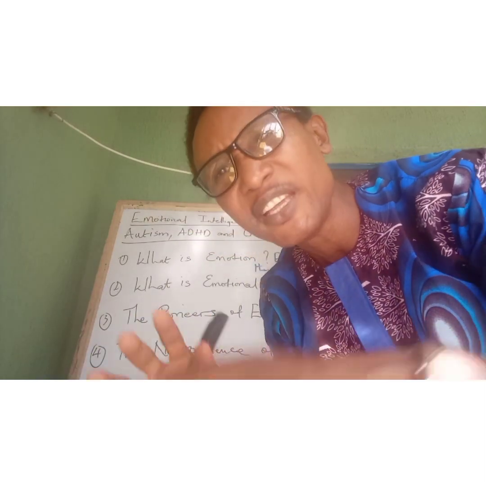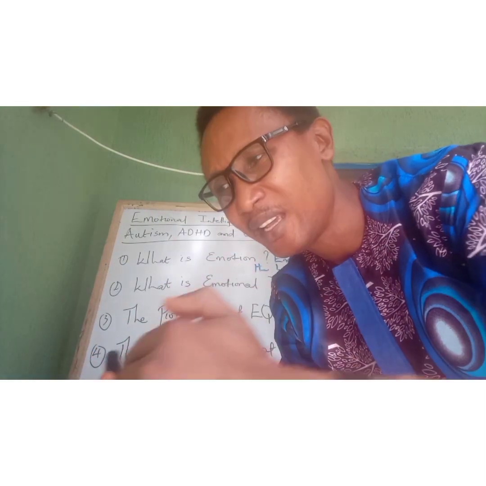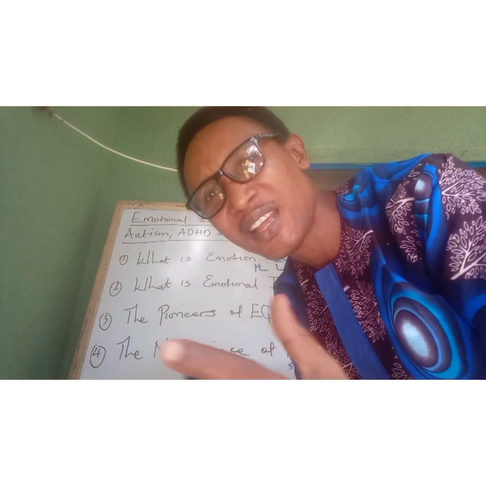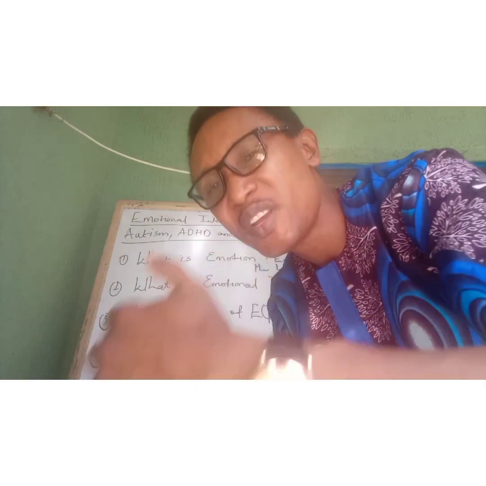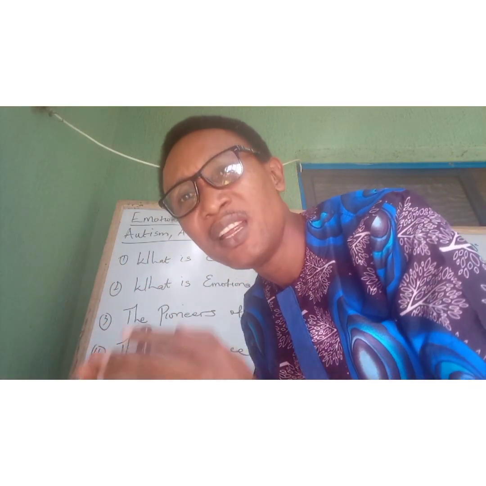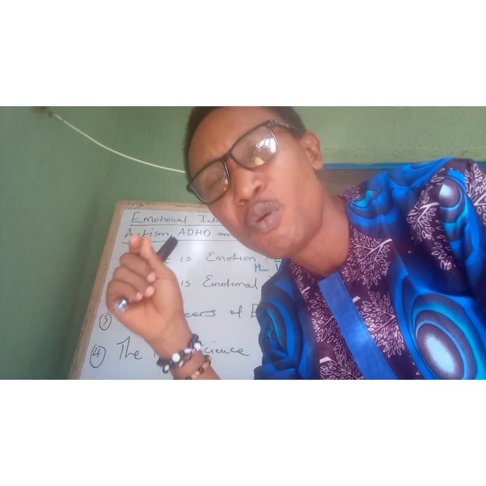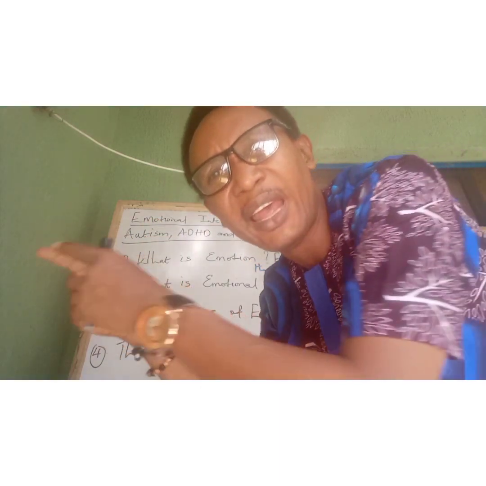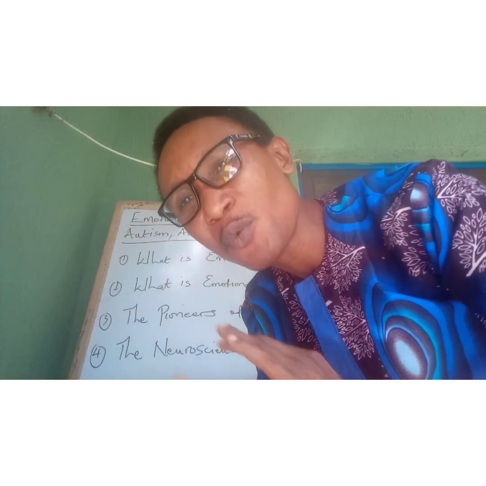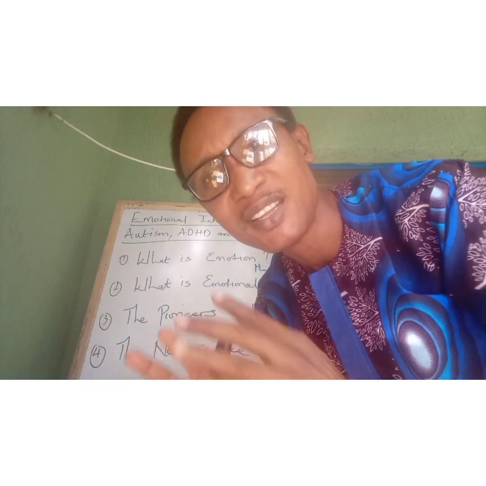Simply put, emotional intelligence is that capacity, that innate competence that an individual reveals in regulating and modulating his or her own emotion for what? For positive ends. That is what emotional intelligence is all about.